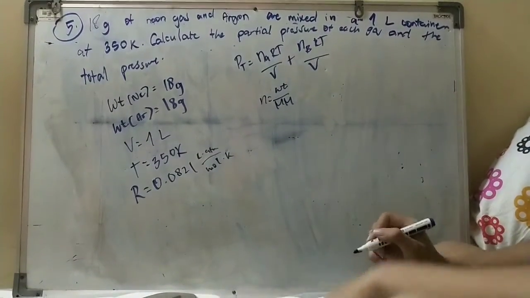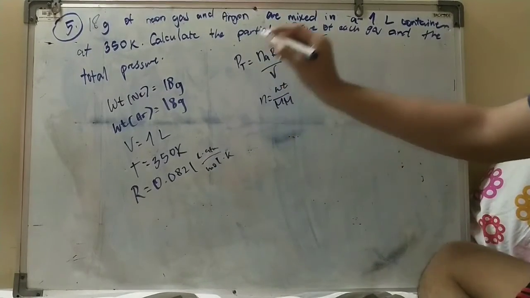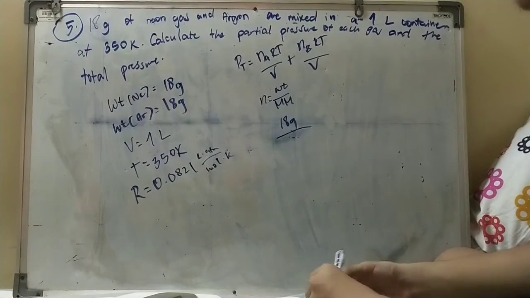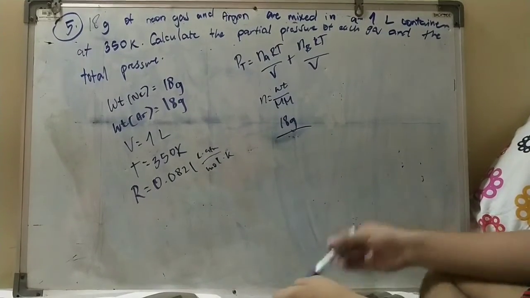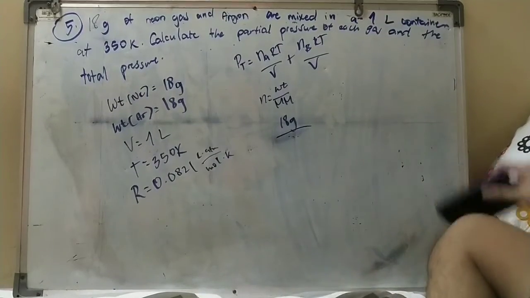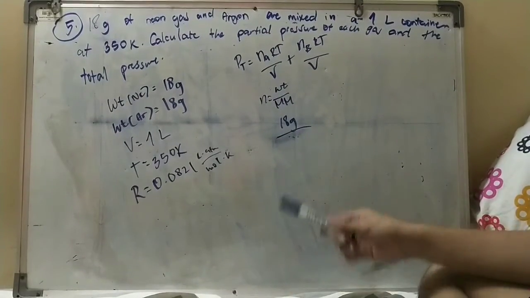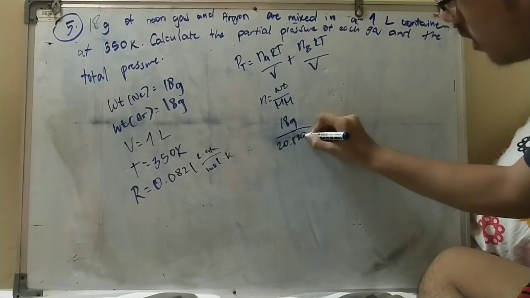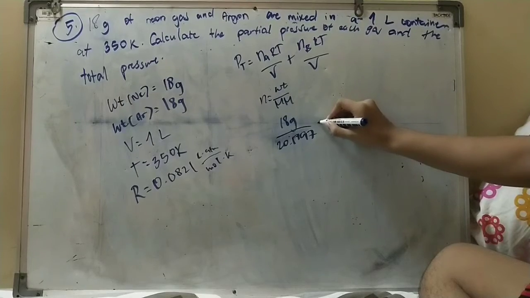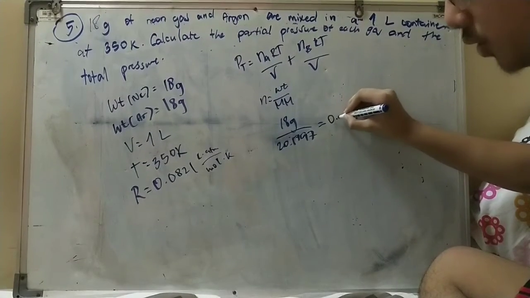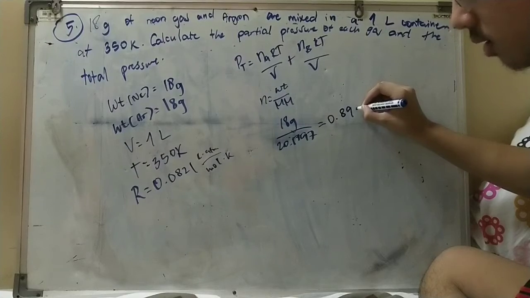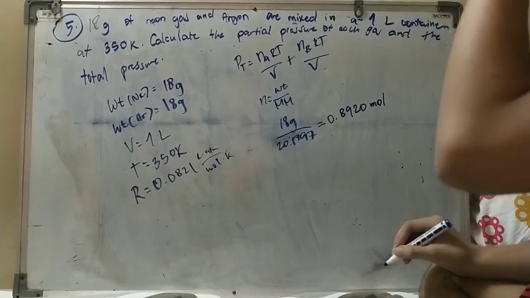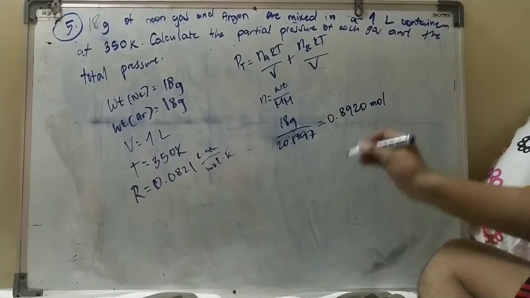So the weight of neon is 18 grams, and we then get the molar mass of neon, which is 20.1797, so that gives 0.8920 moles when rounded off to 4 decimal places, because we're using it in an equation.